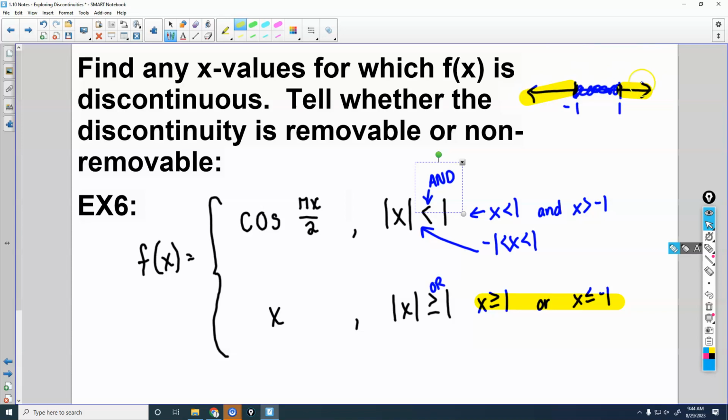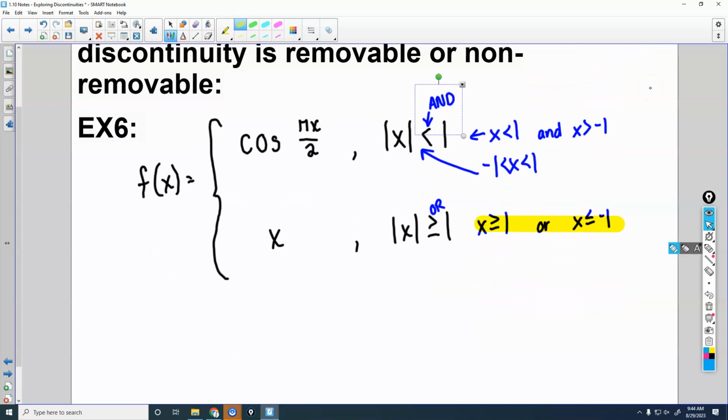So when I do these, I at least like to think about these as being rewritten, because I don't like this absolute value stuff that they give us. So I usually either rewrite it or think about rewriting it. So the lowest numbers are these, x is less than or equal to negative 1, and the equation we use for that is x.